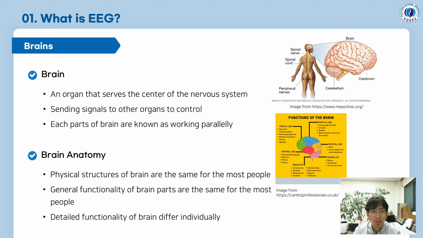Our brain sends signals to other organs to control, and each part of our brain is known as working parallelly. There are so many neurons inside of it, and the activities of the brain are not fully known to human beings yet, but we know that it is working parallelly.